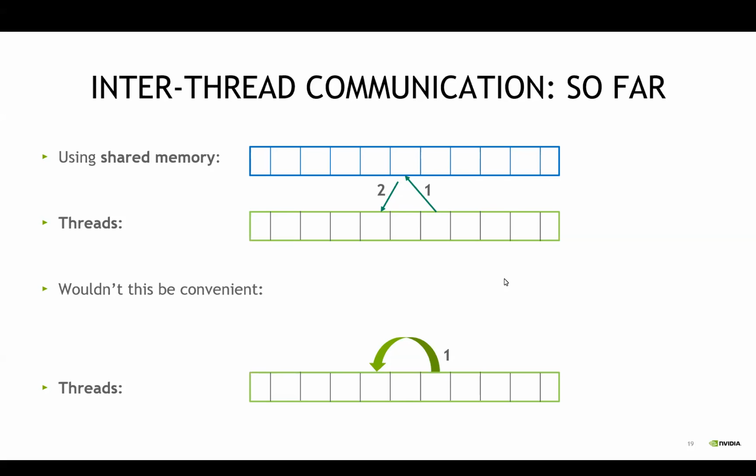That's an instruction. And another thread has to read from that location in shared memory. That's another instruction. And we might actually require synchronization in between those, so it gets more involved. Wouldn't it be nice if there were a way to directly send data from one thread to another without using shared memory? Well, there is, and that methodology is called warp shuffle.